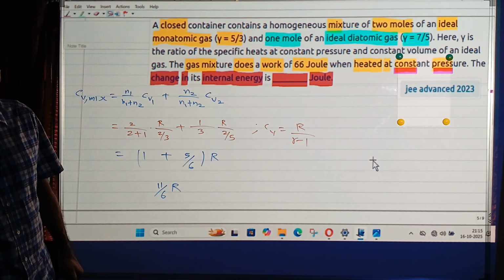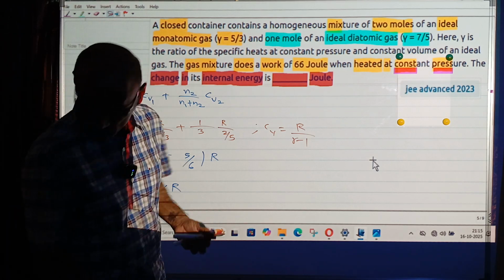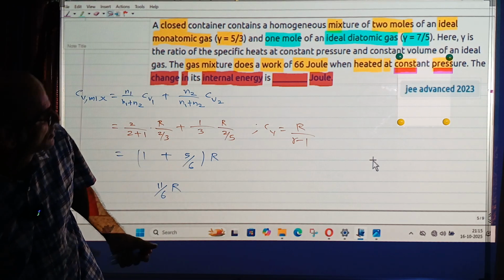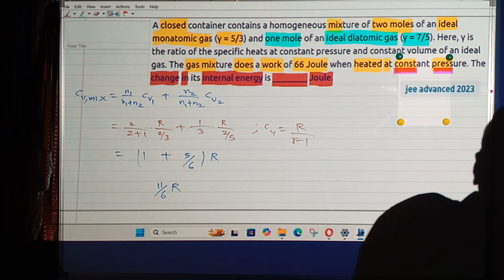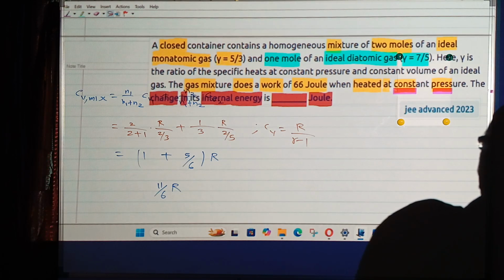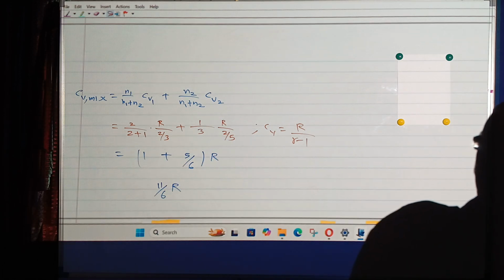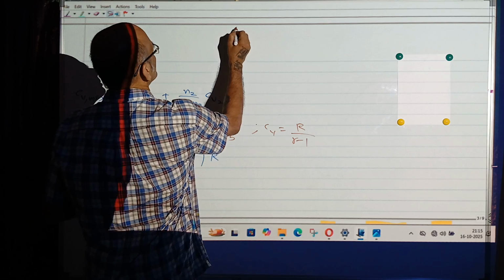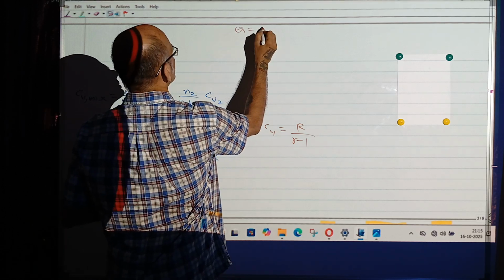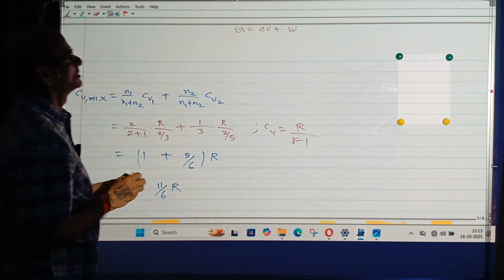So we can use the first law of thermodynamics. Q equal to change in internal energy plus work done.